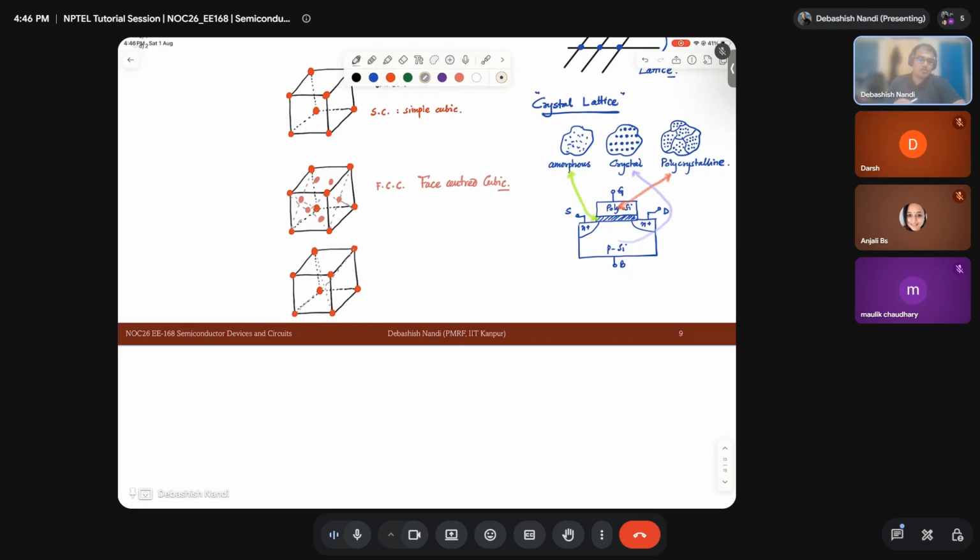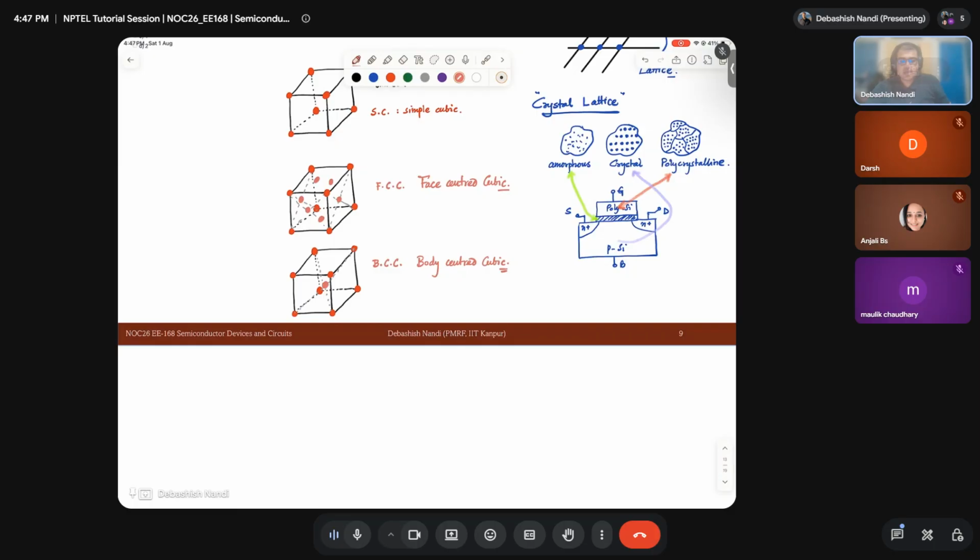Body diagonal means opposite corners of the cube, and it is sitting at the center of the cube, right? So these are called BCC or body centered cubic. There can be a total of 14 types of unit cell, primitive unit cell structures.